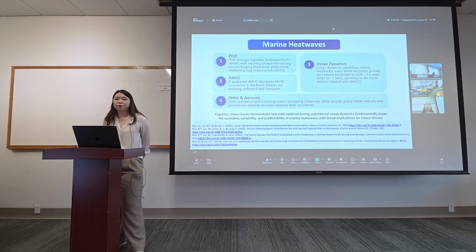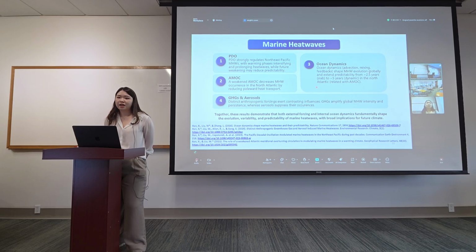And the last one, we look at the external forcing effect. We choose the greenhouse gas and aerosols. As we all know, the greenhouse gas will increase the likelihood of marine heat waves, while aerosols will reduce the likelihood of marine heat waves. But in this project, we approach it in a different way.